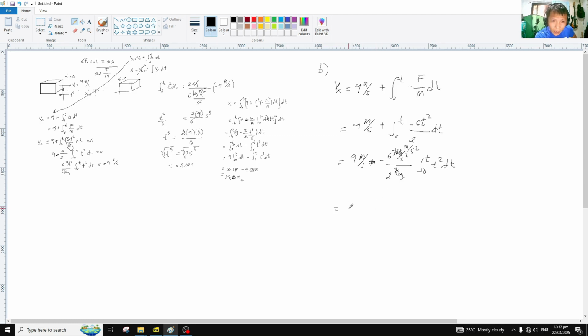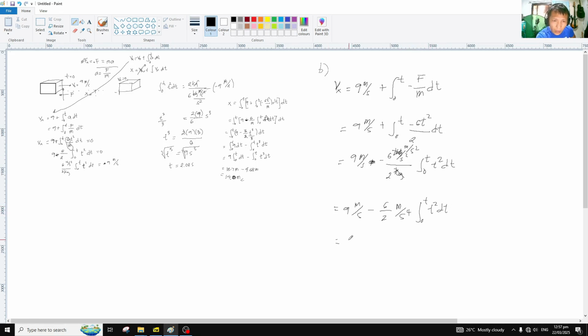So you would have already 9 meters per second minus 6 all over 2, units meters per second to the fourth, and then you have an integral of 0 to t of t squared dt.